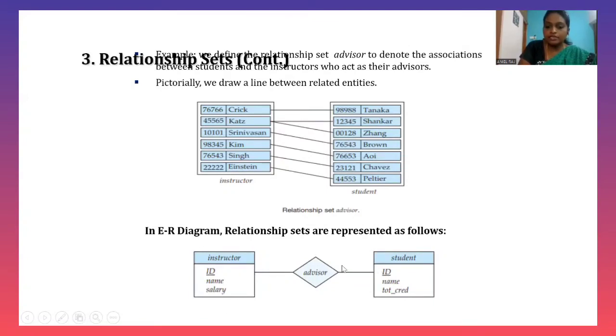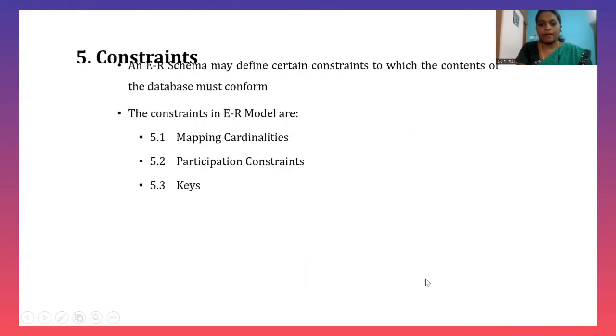These two entities are connected through a relationship: advisor, mentor, or just a teacher. An entity is represented in the form of a rectangular box, attributes through ovals, and relationships through diamonds.